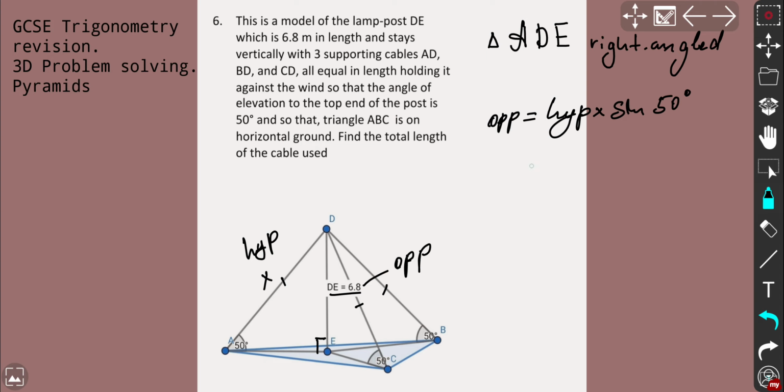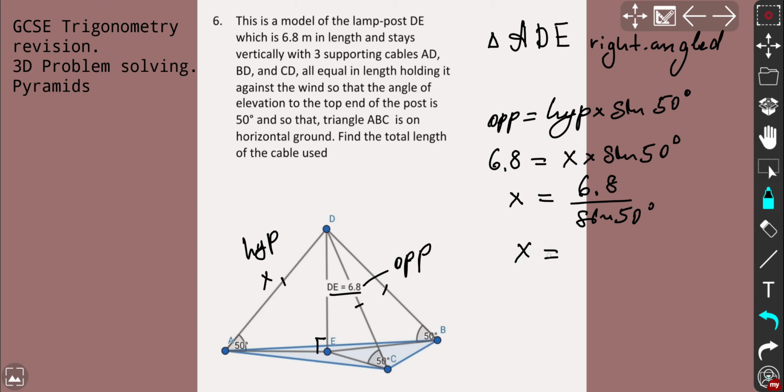So from there we can plug in the values. 6.8 is equal to x times sine of 50 degrees, from where we can figure out x. x is going to be 6.8 over sine 50. Go to calculators and try to figure it out.